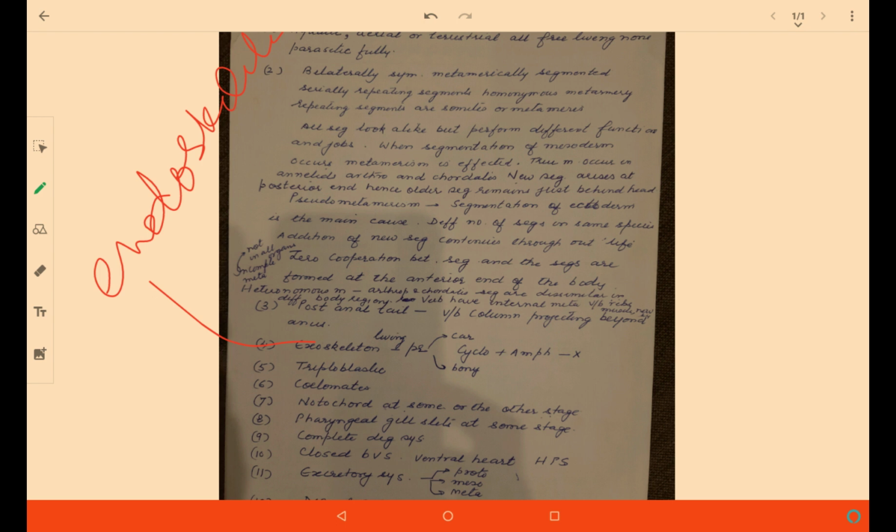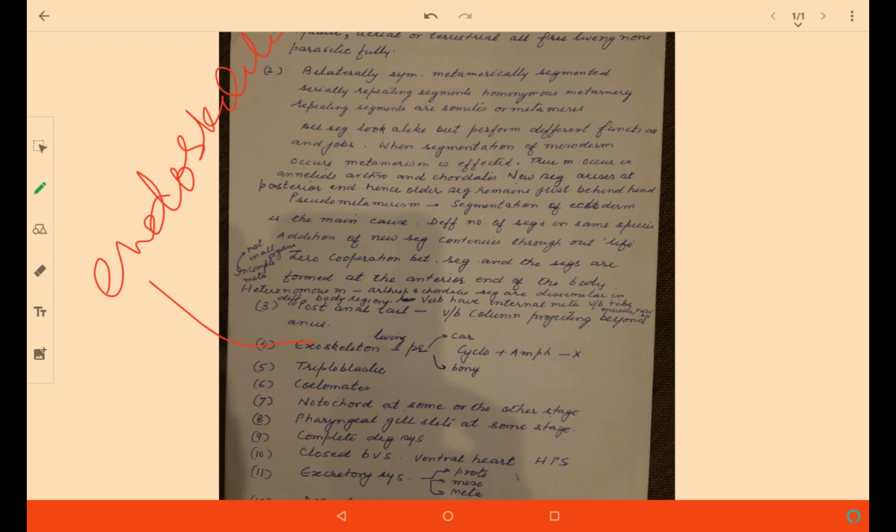All the chordates, they are coelomates. That means there is a cavity present between gut and body wall, and it is lined on all the sides by mesoderm. The coelom is of two kinds, as I told you in the previous lecture.